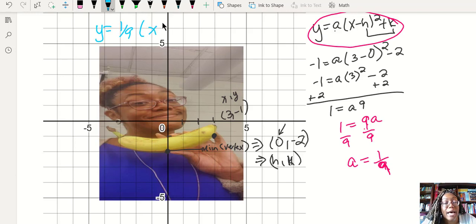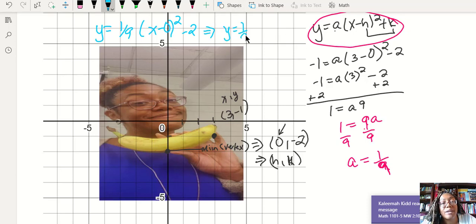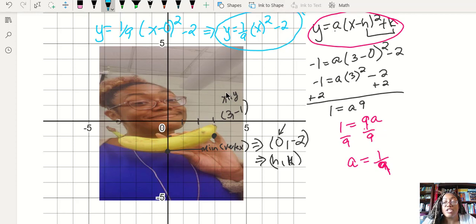My H is 0, so x minus 0) squared, right? Minus 2, which really is telling me that it should be y equals 1/9 times x squared minus 2. And that will be my quadratic function for this graph.